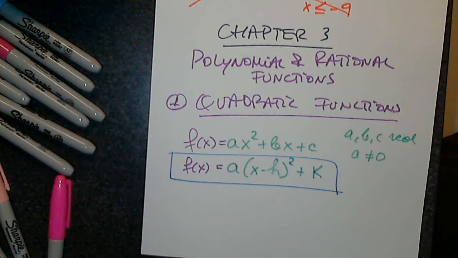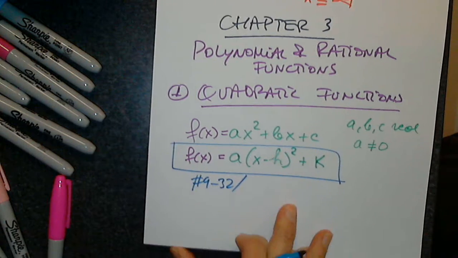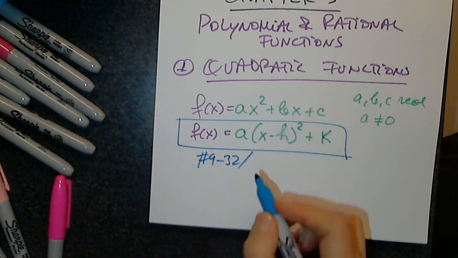So if you have your book, I'm looking at section 3.1 on page 230 and page 231. So let's start with, please pick. I'd like to graph a function from 9 through 32 on page 230.